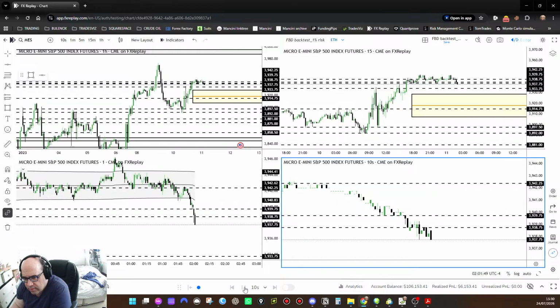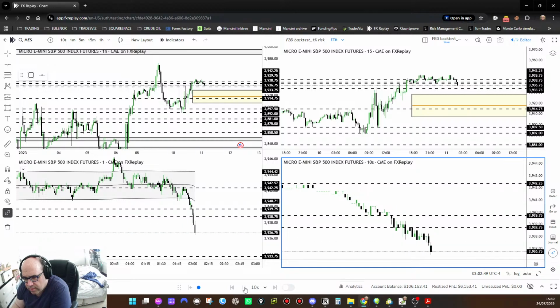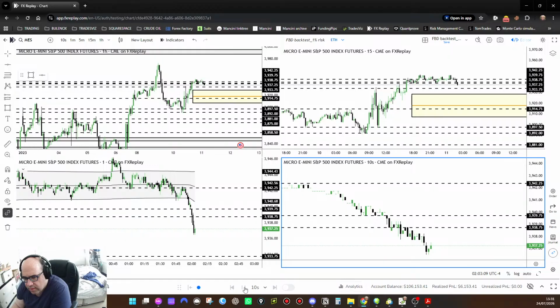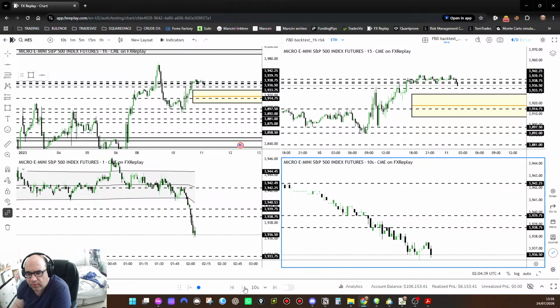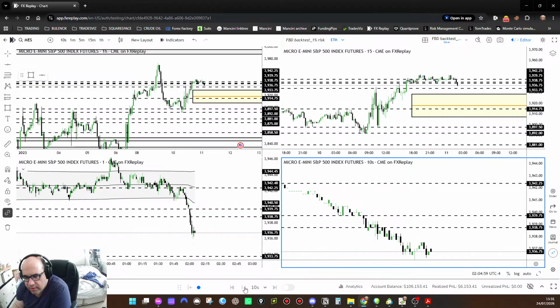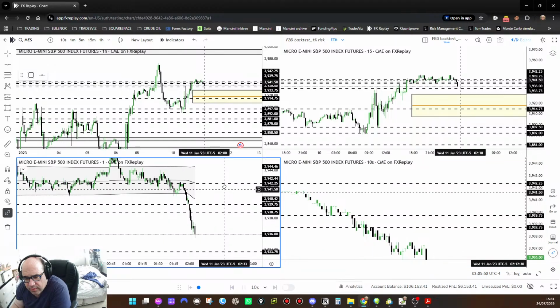I'm going to continue lower. Let's see. We continue lower. Okay, let's see. If that recovers, it's going to be a really big move. No, it doesn't recover. So let's see where we're heading now.